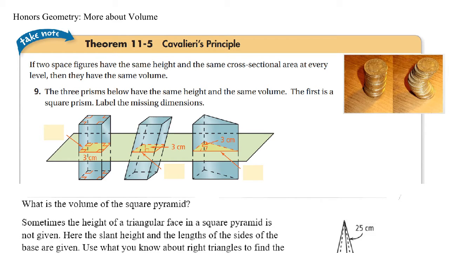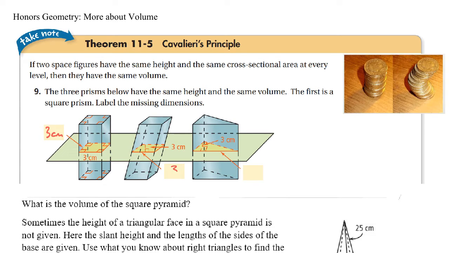If these prisms are the same height and they are the same volume, then what's missing? Well, if they're the same height and the same volume, then the cross-sectional area must be the same. So this square is a 3 by 3, and this parallelogram's area is base times height, and they're saying the height is 3.